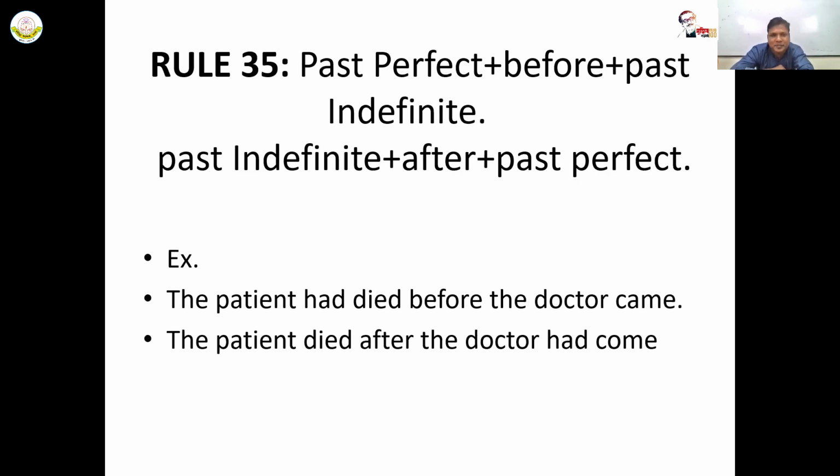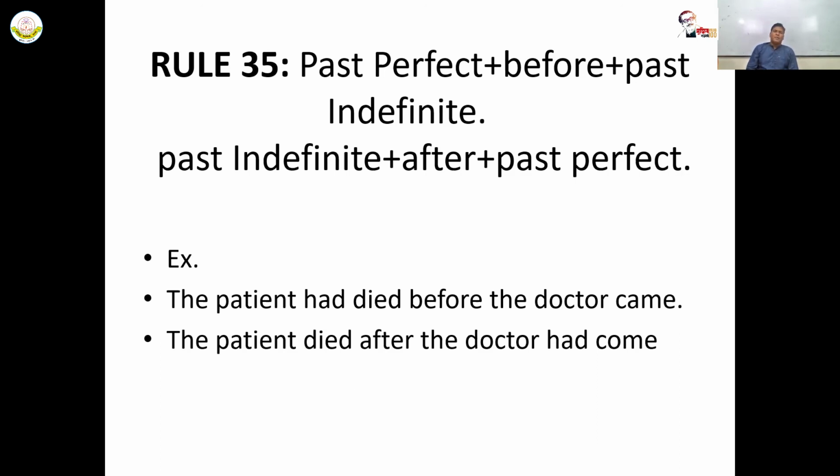That means in a sentence, the past perfect tense will always be with the before, and the past perfect tense will be with the after. So you have to be careful.